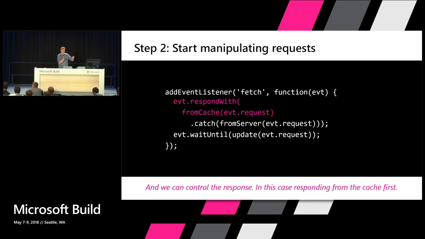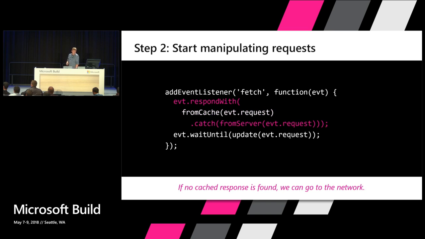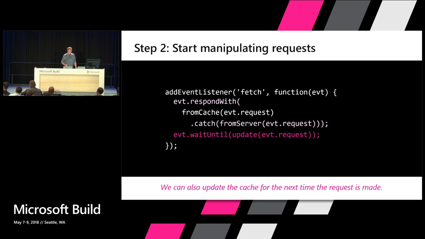Okay, and this is how mine is written. This is programmatic. You can write it however you want. This particular one is going to look at the cache first. And if it has that file from the cache, it returns it right away. It doesn't even make the network request. If it doesn't have it in the cache, of course, it's going to go to the network, find it, and then return whatever it finds on the network.